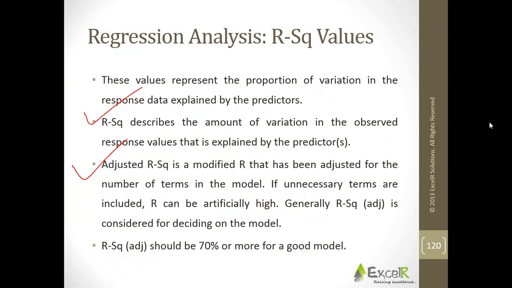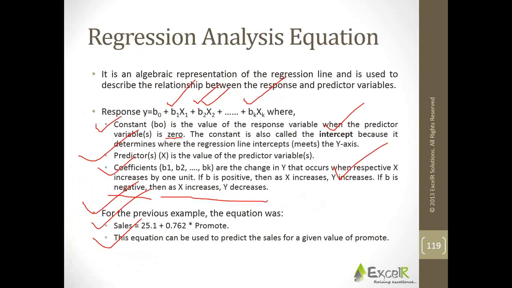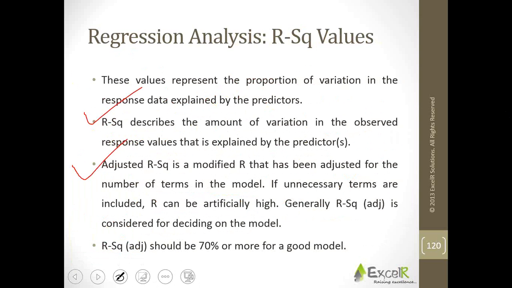We will do that. There is another thing called adjusted R square. Adjusted R square is a modified R squared value that has been adjusted for the number of terms in the model. For example, you might sometimes have unnecessary terms or excess variables.